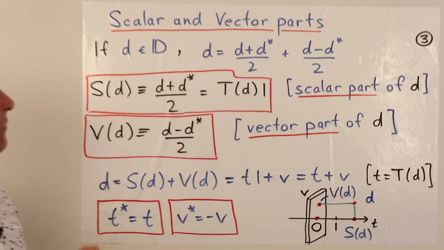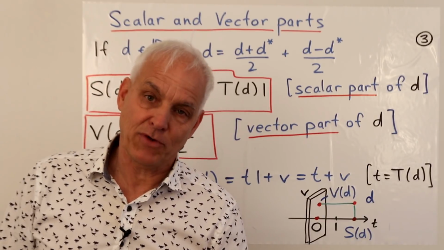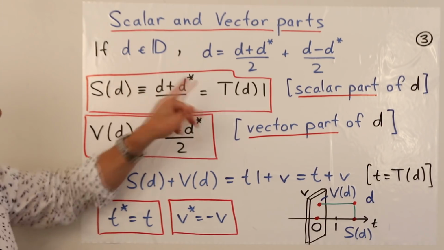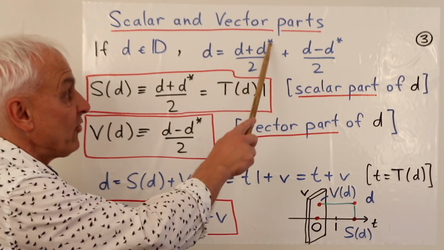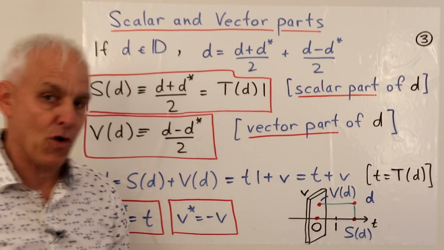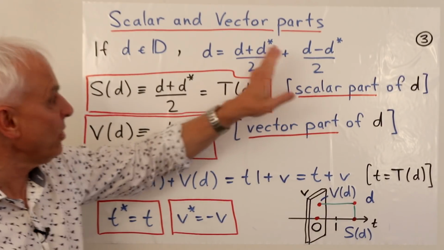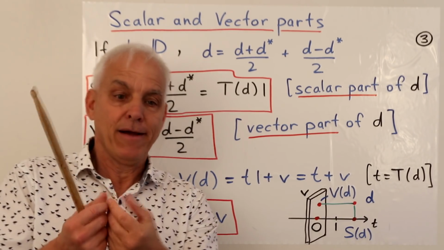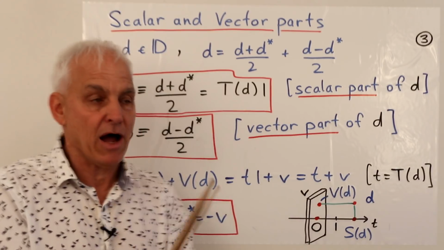So another example of that is what we might call the scalar and vector parts of a dihedron. If D is a dihedron, then we can consider these two combinations, D plus D star over 2 and D minus D star over 2. And algebraically, you can see that the sum of these two things is just D. This is a way of decomposing a general dihedron D into two special kinds of things.